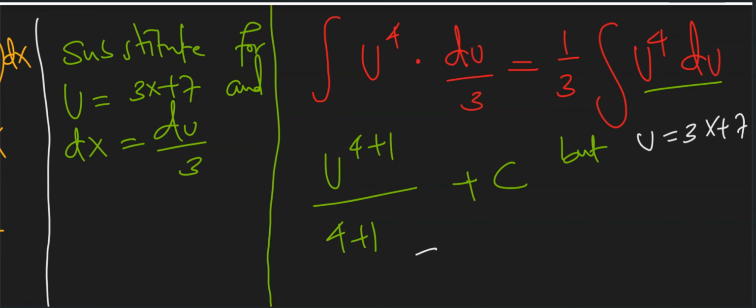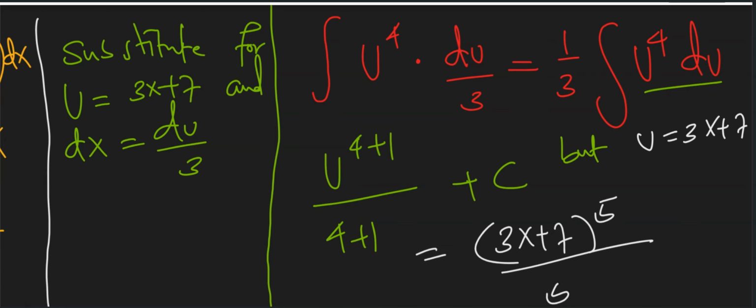So the final integration will be 3x plus 7 power, what is 4 plus 1? That is 5, divided by 5, then plus c. And this is the answer. Simple, nothing complicated. That is the first example.